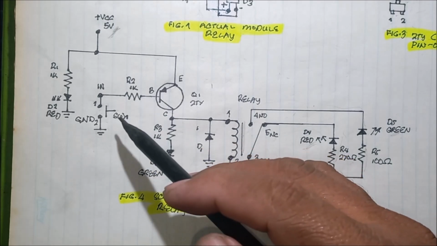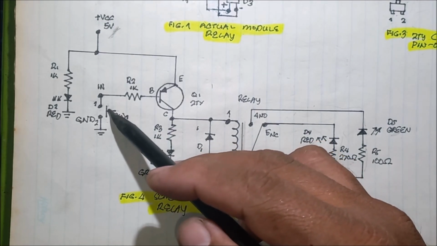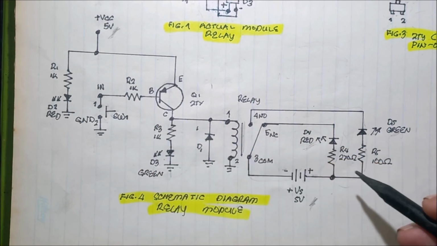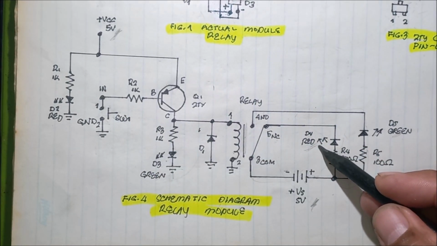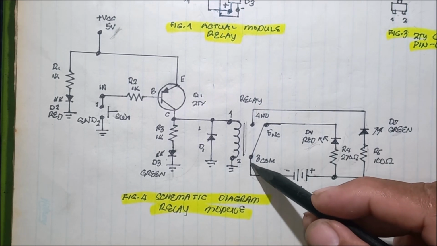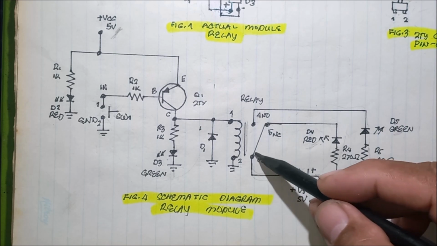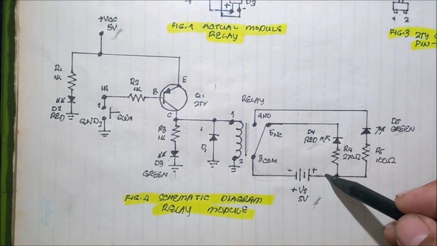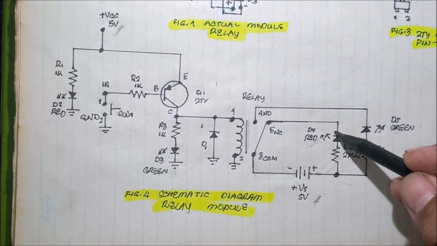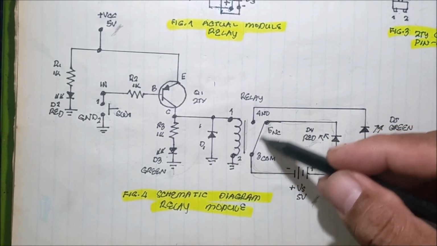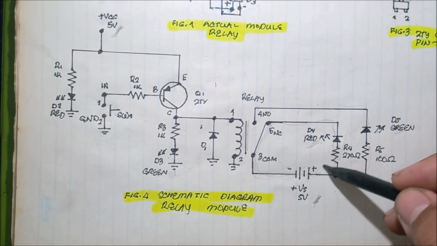So when we did not press the switch, when the switch is open, the red LED turns on because there is a complete circuit on the output side. Negative, positive, resistor, red LED, and then to the normally closed terminal of the relay, then back to the negative.